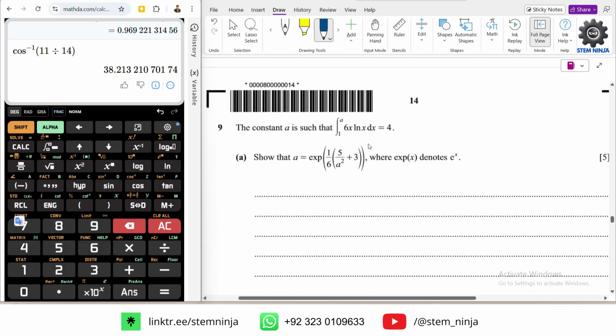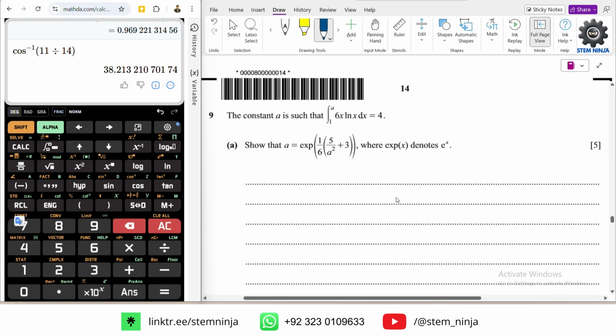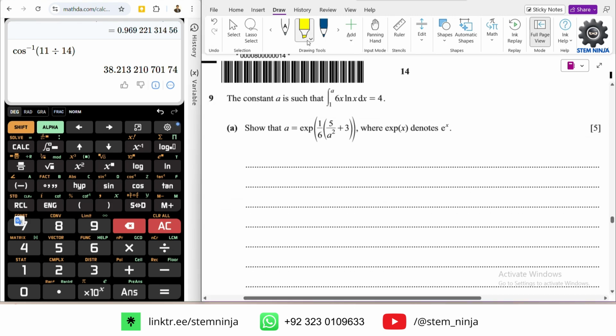Question number 9. The constant a is such that the integral of 6x ln x dx from 1 to a is equal to 4. Right, so this is integration by parts, because 6x and ln x are not derivatives of each other.